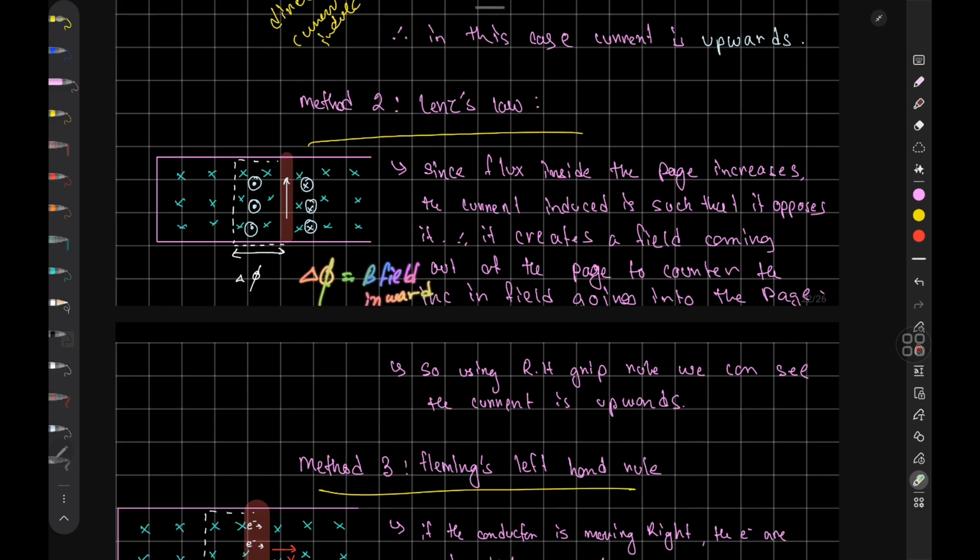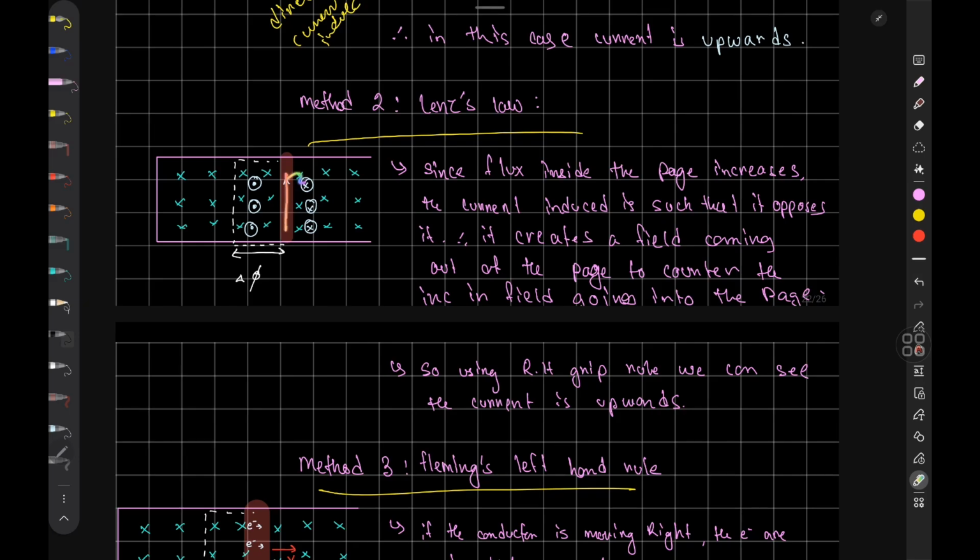Okay? So it was basically a certain amount of B field that was into the page, that was cut through the conductor within this area. So the flux change, whatever the amount is, is inwards through the page.